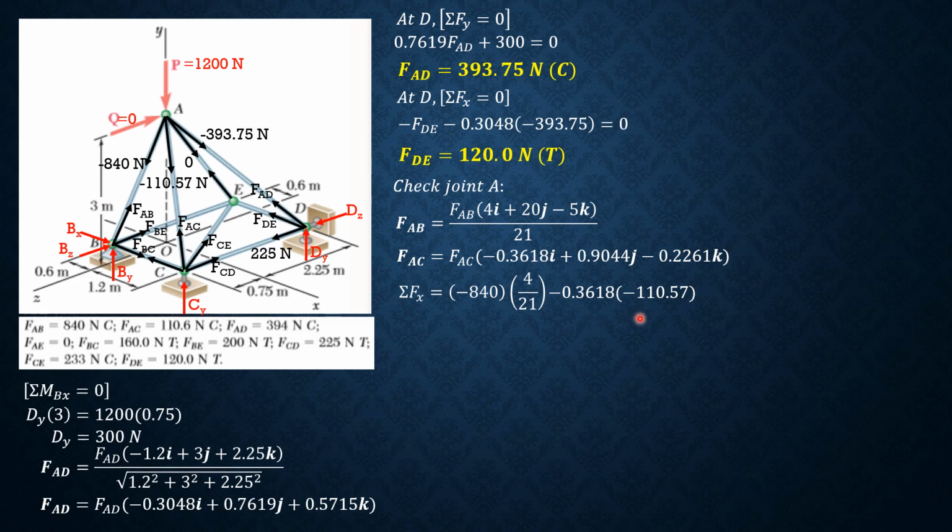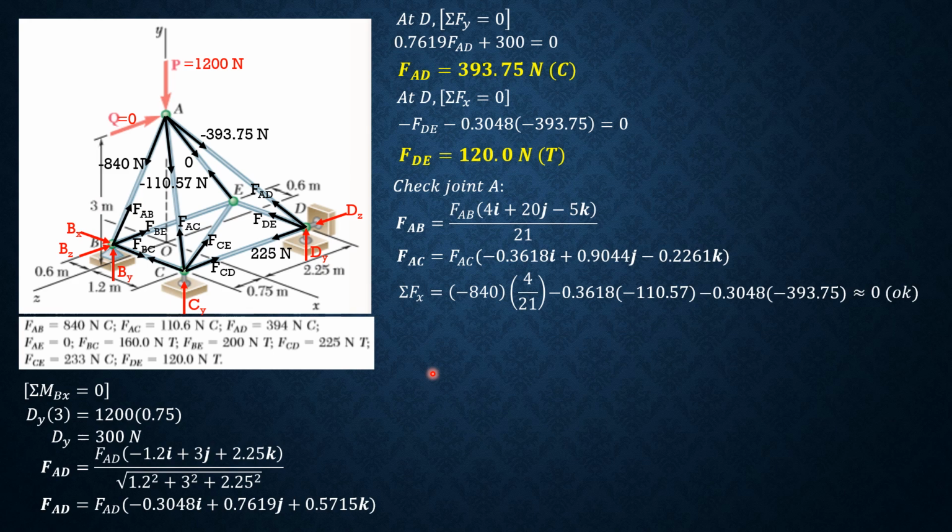Then FAD is negative 0.3048 times negative 393.75. So computing this value, it is almost 0. So therefore, summation forces X at joint A is almost 0. So it is in equilibrium along X.